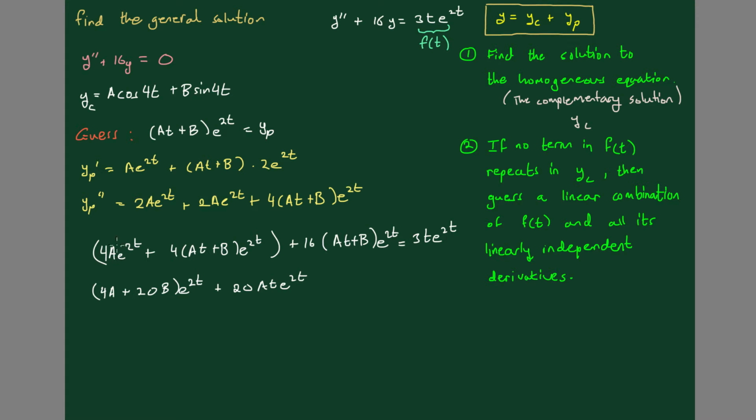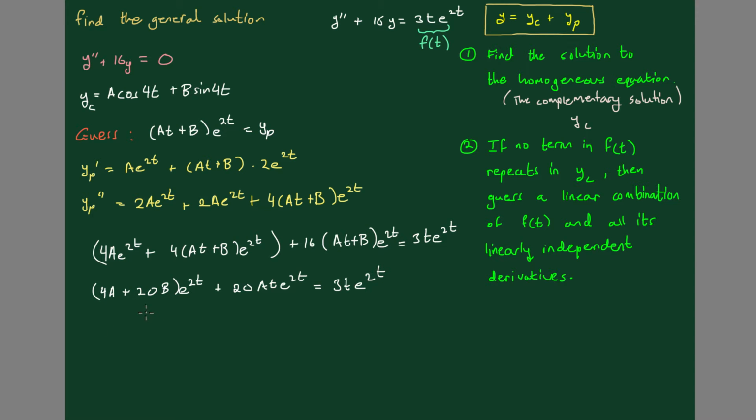And let's see if we have everything down here. 4a, 4b, and then 16b gives us 4a plus 20b. And we have 4at plus 16at gives us 20at. And this is going to be equal to 3t times e to the power 2t.